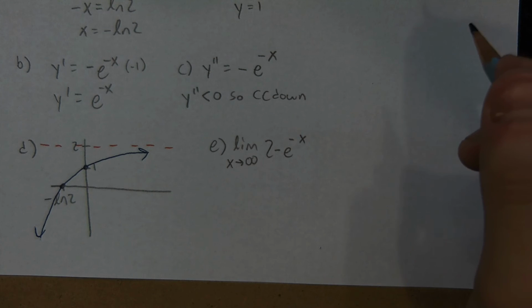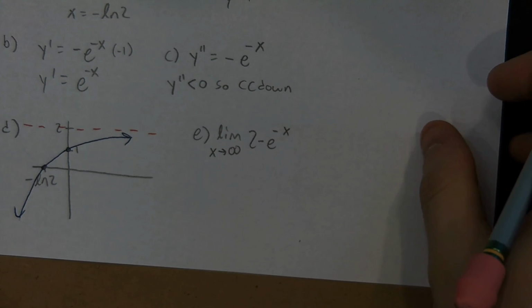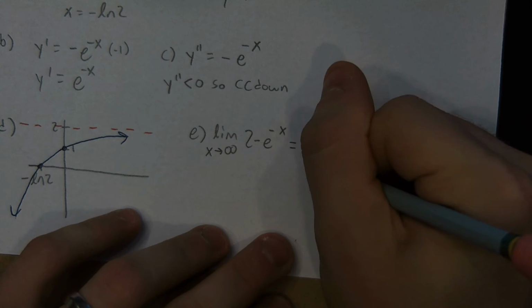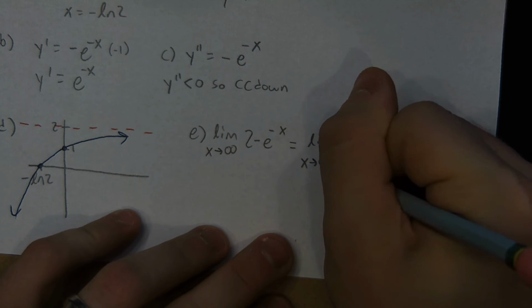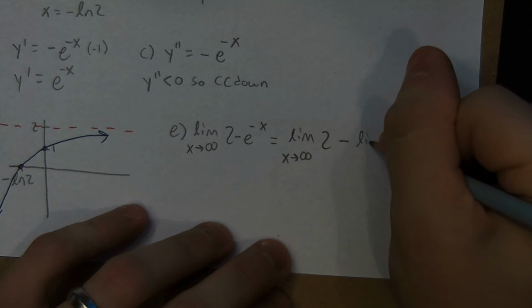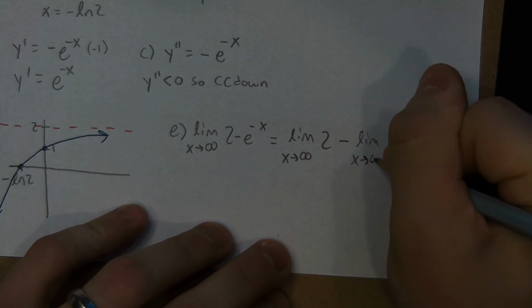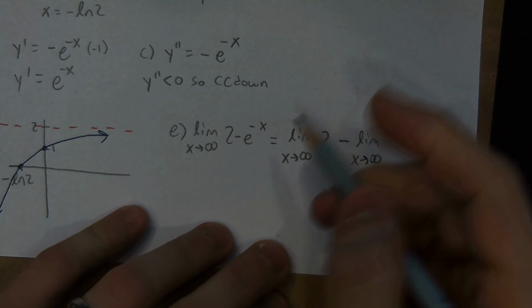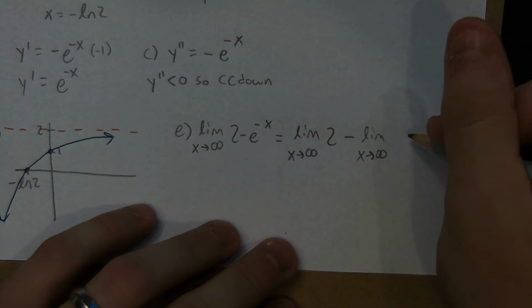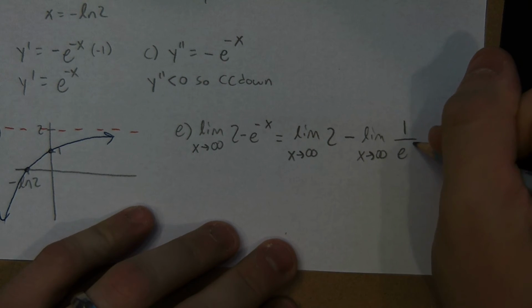We go, well, this is the same thing as saying the limit as x approaches infinity of 2, which is just 2, minus the limit as x approaches infinity of e to the negative x. But remember, e to the negative x, since it has a negative exponent, can be written as 1 over e to the x.